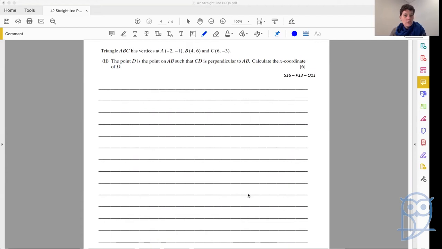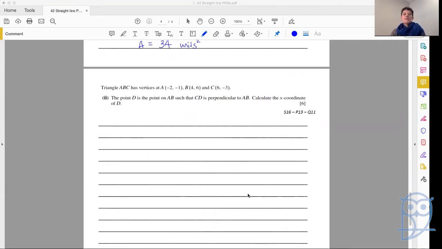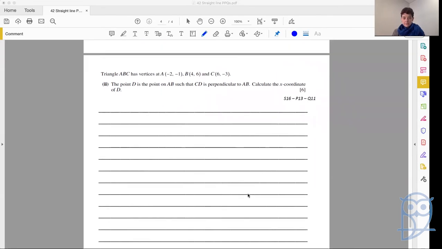Calculate the x-coordinate of D. First thing we want to do is to actually sketch this. If we sketch it, let's say there is AB, there is C. So D is on AB such that CD is perpendicular to AB. So there is D.